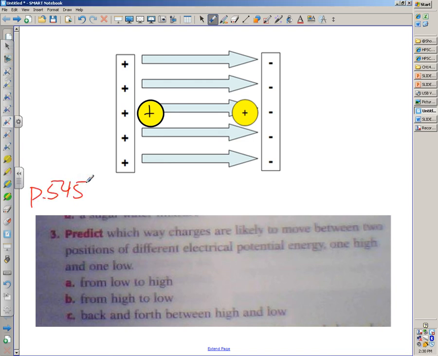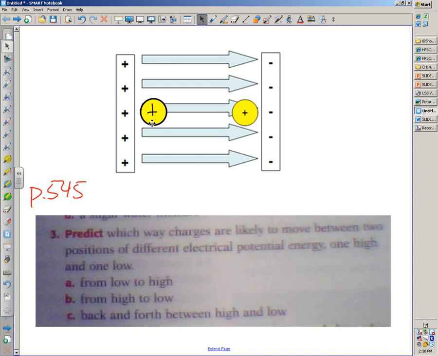So it says, predict which way charges are likely to move between positions of different electric potential energy, one high and one low. Okay? So, in this case, this spot where I have drawn this charge right here, is this a spot of high potential energy or low potential energy? That's a spot of high potential energy.